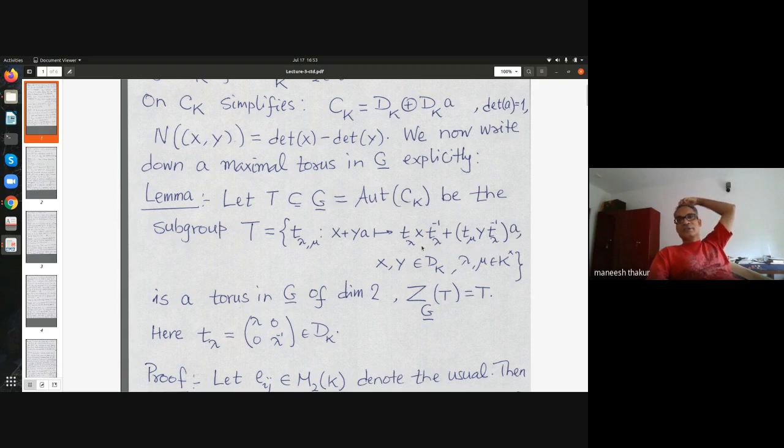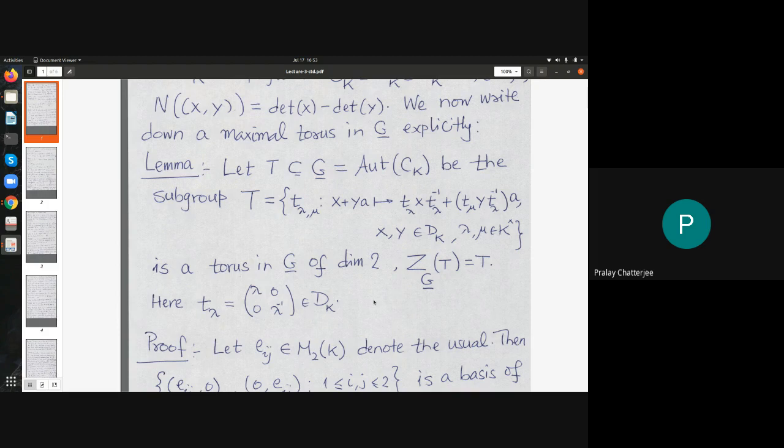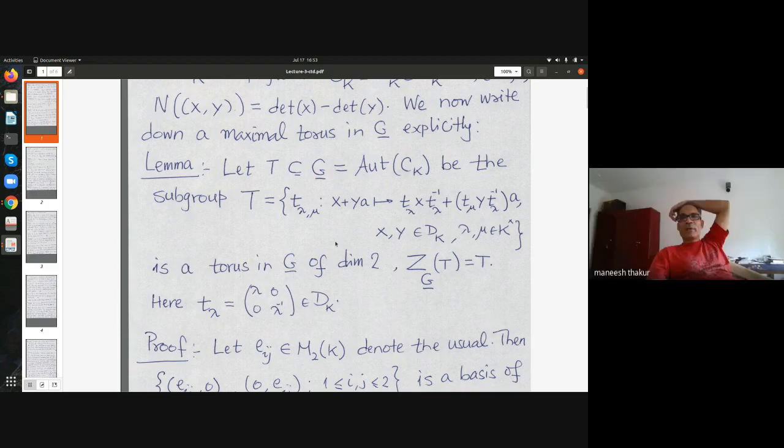So this is an automorphism by what we saw before. You can see why this is an automorphism, right? These are all normal elements. So what is T lambda mu? T lambda mu is just notation for this automorphism.